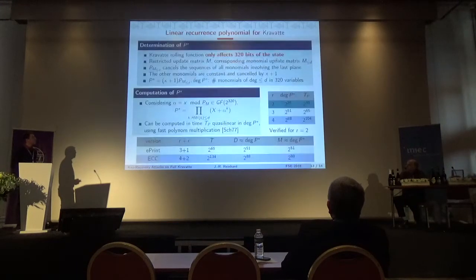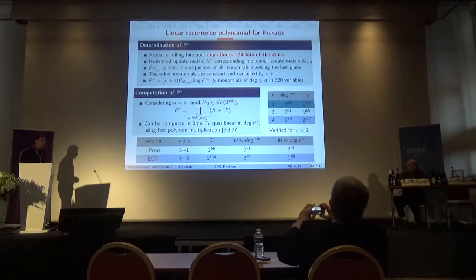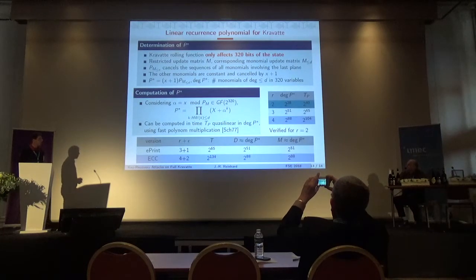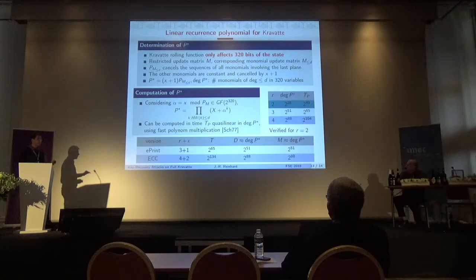So you just have to look at this, and in fact we can here exploit another specificity of Kravatte, which is that the rolling function only affects one plane of the Keccak state. So only 320 bits are affected by the rolling function, and the other part of the state is left unchanged.